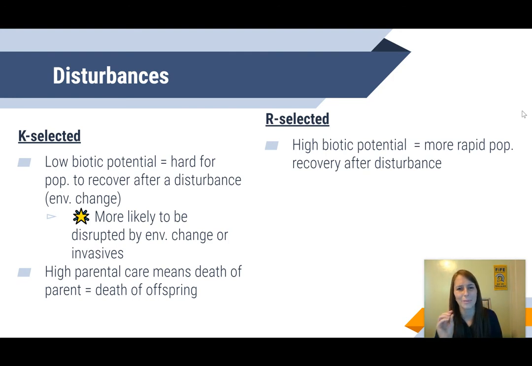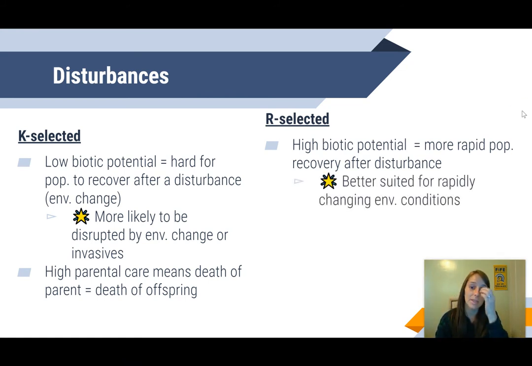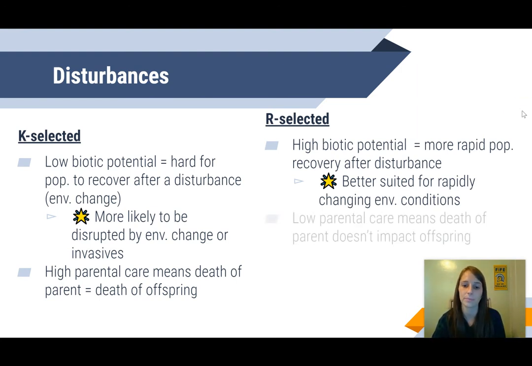This is why no matter how many times you try to kill off or pluck up the dandelions in your yard, they're still going to keep coming back, because they can make so many babies to recover from the fact that you just happen to pull a few of them away. And this means that R-selected species are going to be much better suited for rapidly changing environmental conditions because their population can recover if even a small number of them are left over after a disturbance.